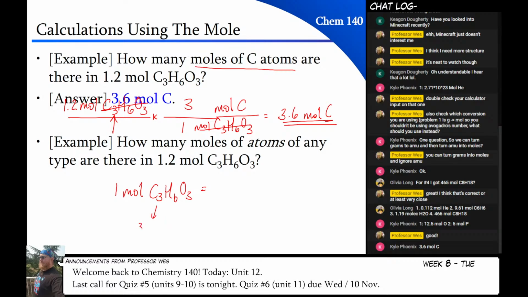Well, there are 3 C's, 6 H's, and 3 O's, right? So there are 12 total atoms. Or I could say, in 1 mole of this, there are 12 moles of atoms. And then I could solve the problem. So you should just get this number times 12.